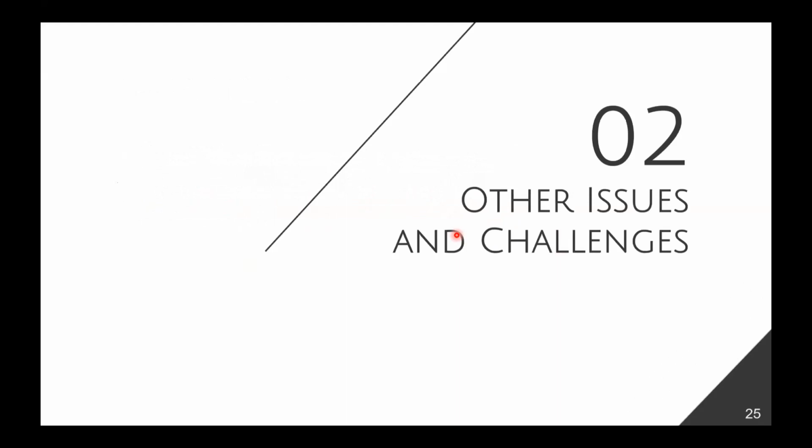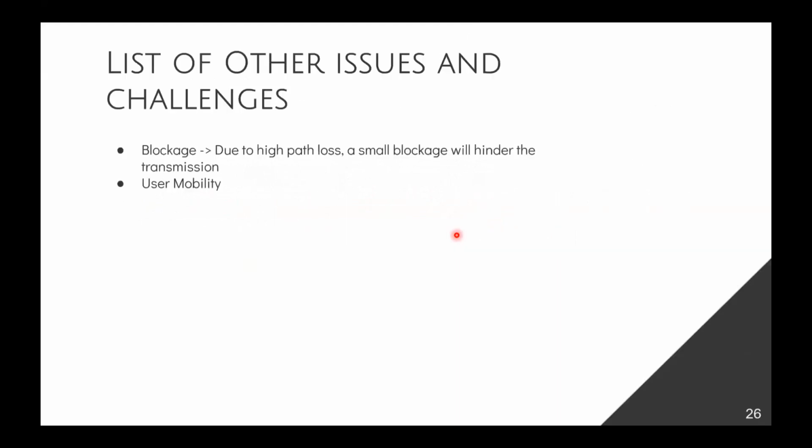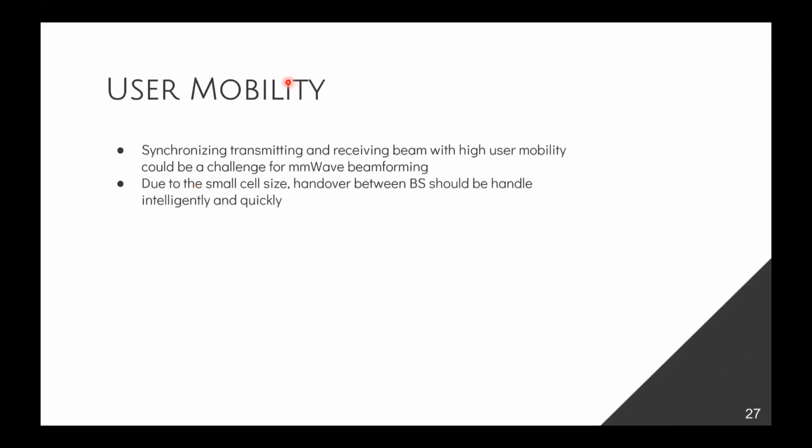And then I will briefly mention the other issues and challenges for millimeter wave. One is blockage, as we already know, because of the high path loss. A small blockage will hinder the transmissions. Another is user mobility: synchronizing the transmitting and receiving beams with high user mobility could be a challenge, because the user is moving and needs to constantly adjust both the transmitting and receiving beams.